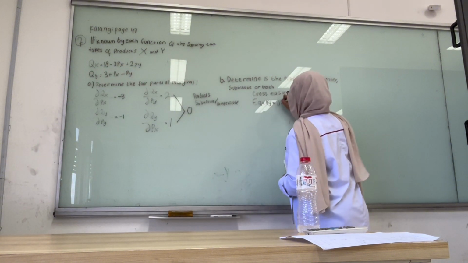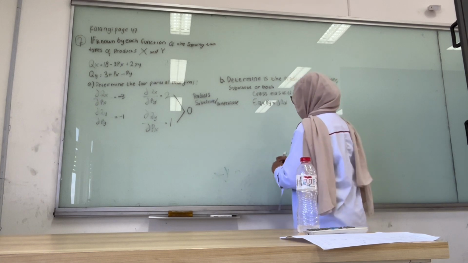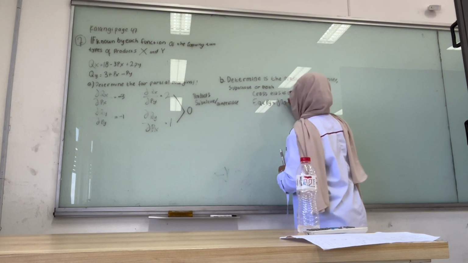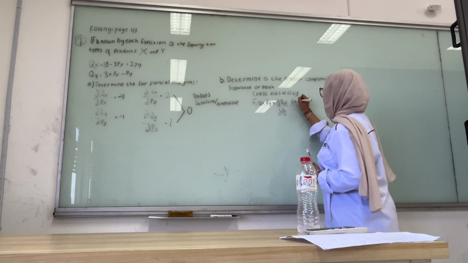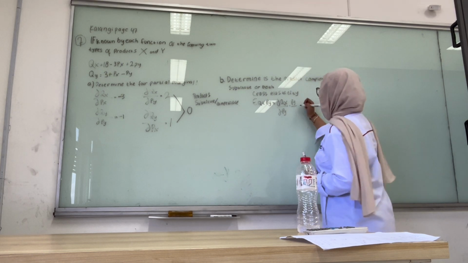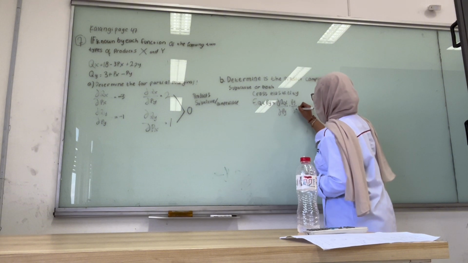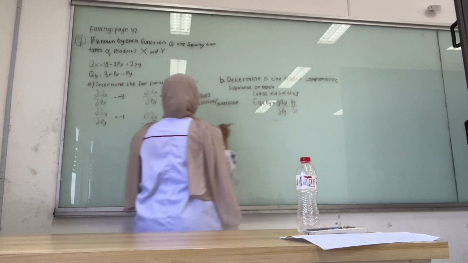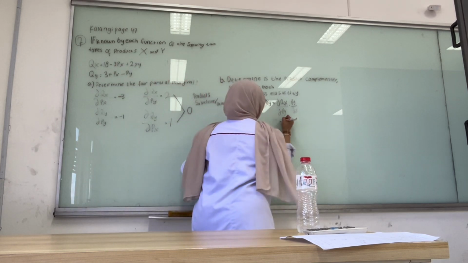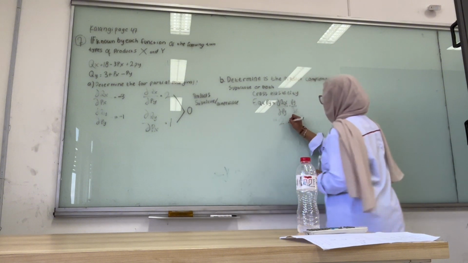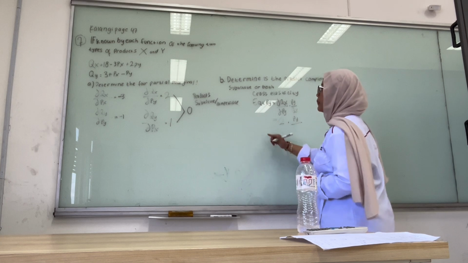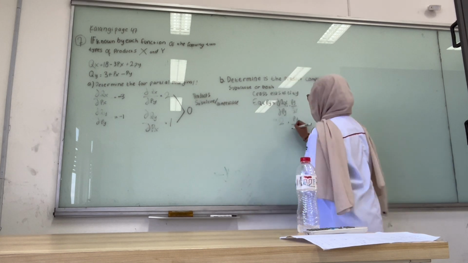Dou qx over dou py times py over qx. So from here it's 2, so we put it in here, and then py, and we use the qx, the function from before.